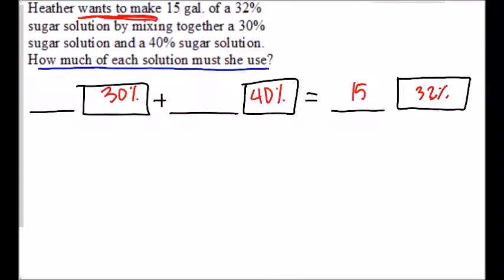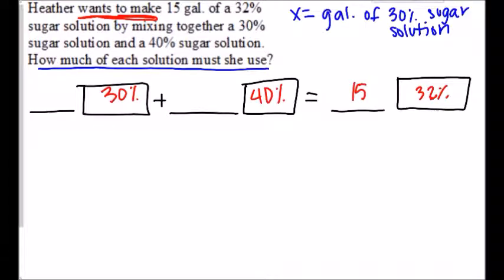which your initial thought might be to create two different variables, but you only have one equation. So I would suggest using one variable, and then we'll use logic to come up with the second answer. So I'm going to assign x to be gallons of 30% sugar solution. If you want to write sugar solution, that's probably the most specific. So I'm going to say we have x amount of 30%.